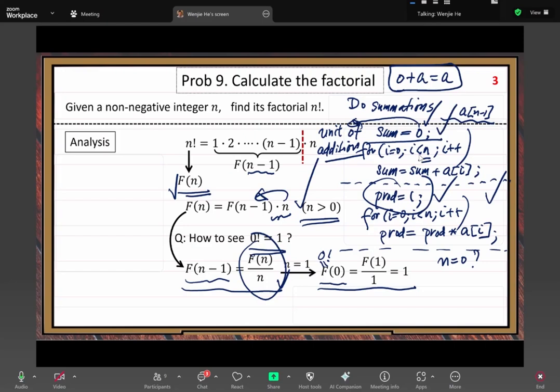There is a similar concept in multiplication. 1 is the unit of multiplication, because 1 times B equals B, right?